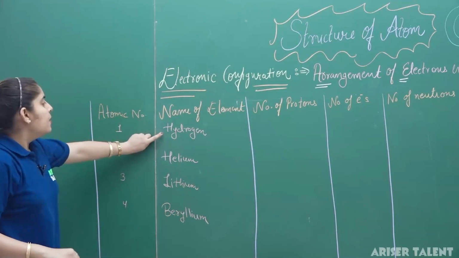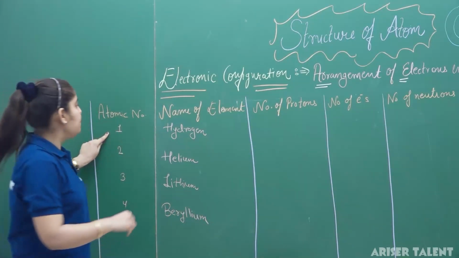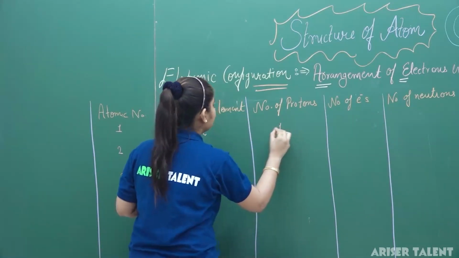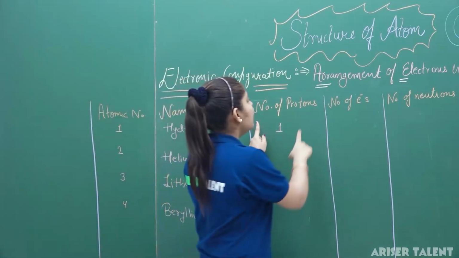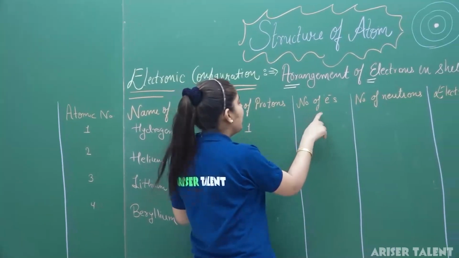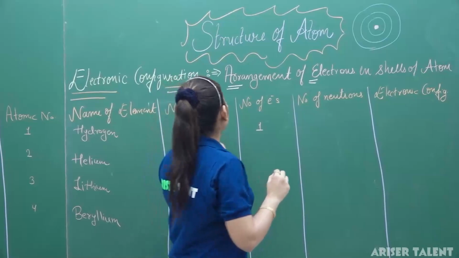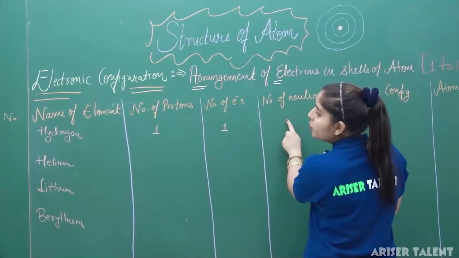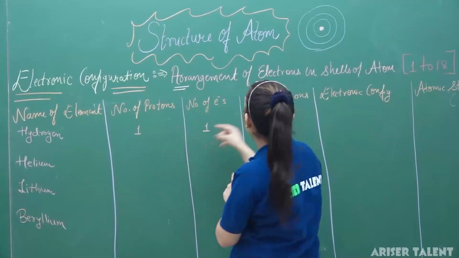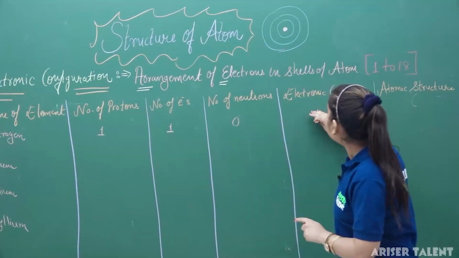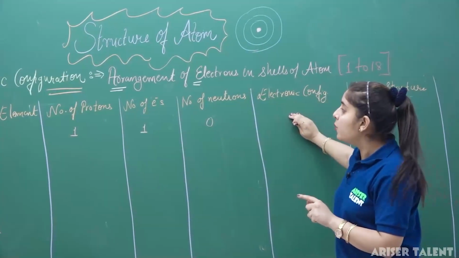Now, atomic number 1 means it will constitute only one proton, and the number of protons and number of electrons in a neutral atom will be the same. Now we want to calculate the number of neutrons. Number of neutrons will be 1 minus 1, that is equal to 0. And we want to write the electronic configuration of that particular atom.